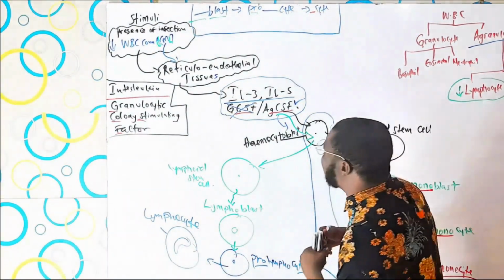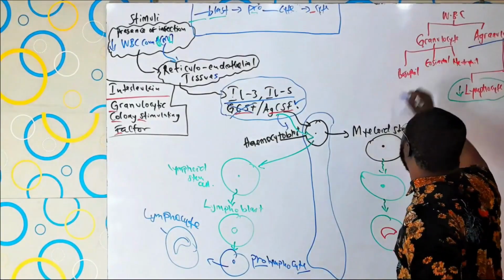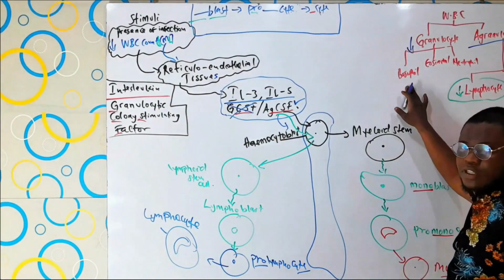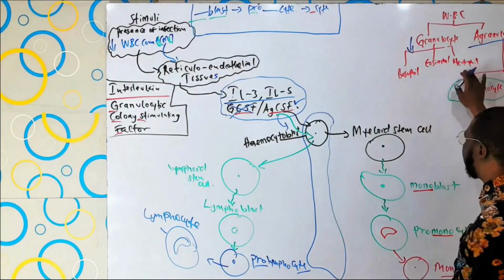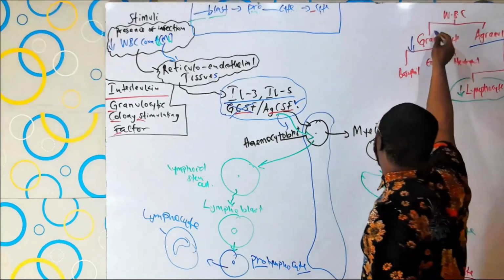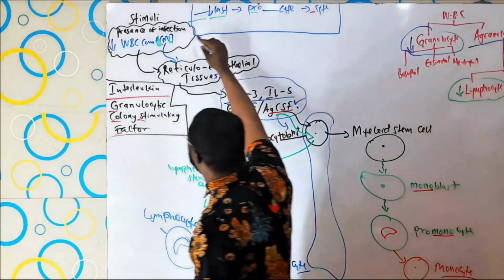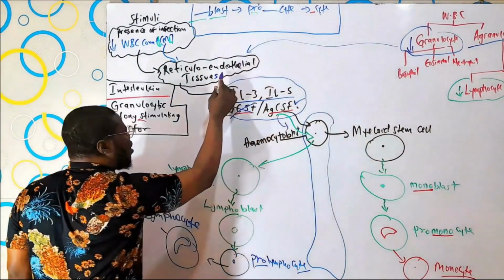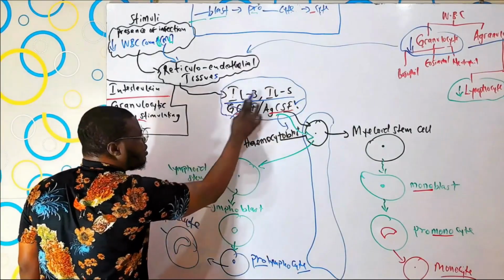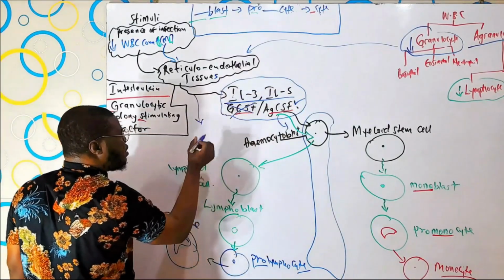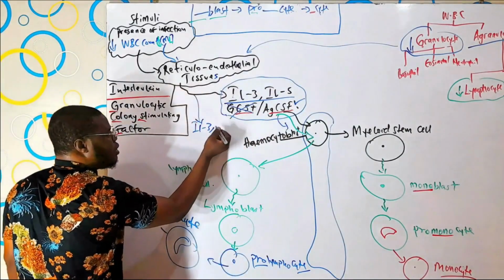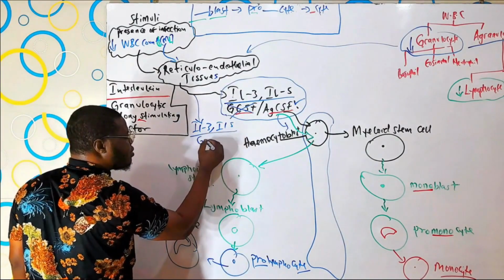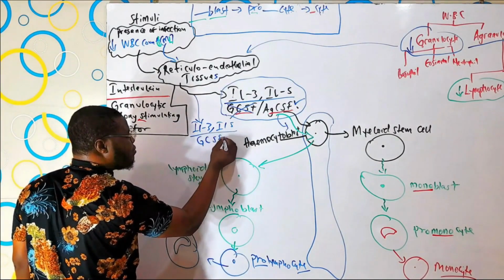Now, when there is a fall in the count of basophil, eosinophil, neutrophil, impulses are sent to the reticular endothelial tissues. They won't release this group again. What they release is interleukin 3, interleukin 5, and granulocytic colony stimulating factor.